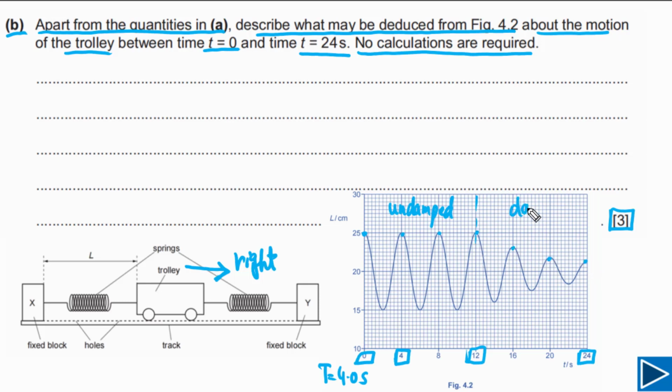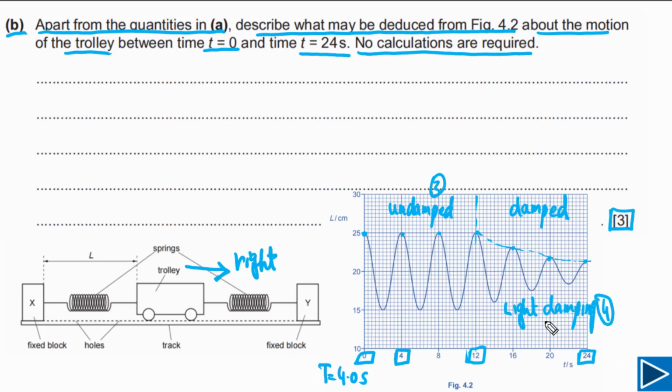So this is damped motion, or you can say the oscillations are damped. If you look at how the amplitude is decreasing, it is decreasing gradually, meaning exponentially. And this kind of damping is light damping. So this can be our third point, and this one can be the fourth point.